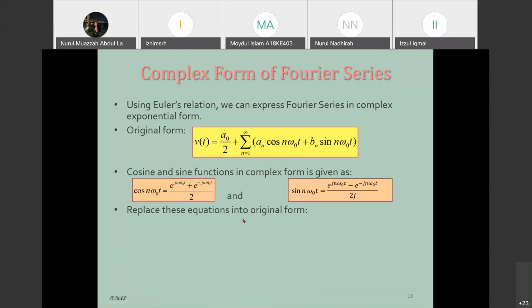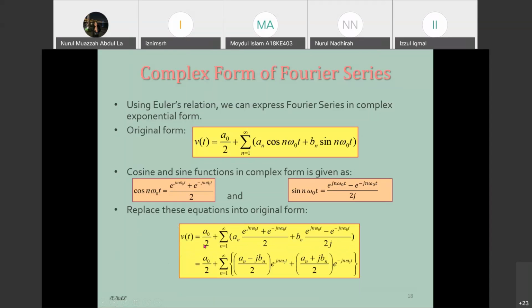Okay, you replace these equations into the original form. So here, we know that an is cos n omega naught t. So you put this equation in this cos n omega naught t, and it becomes like this.